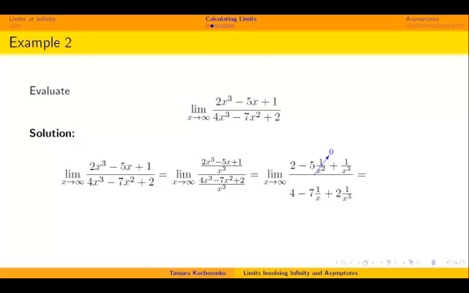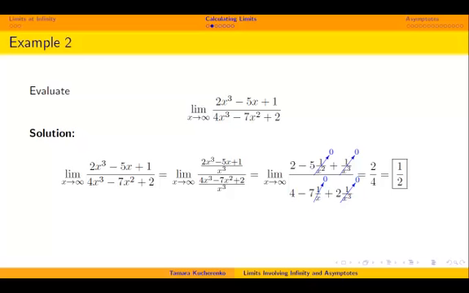When x approaches infinity, 1 over x cubed approaches 0. In the denominator, 4 is a constant, so it stays. But 1 over x and 1 over x squared go to 0 at infinity. We obtain that the limit equals 2 over 4, which is 1/2. Therefore, the limit at infinity of this rational function is 1/2.